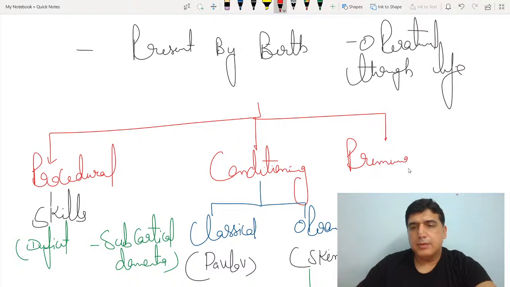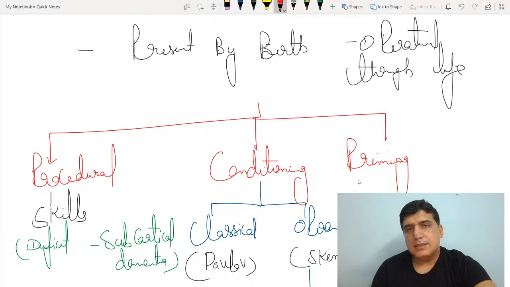priming. In priming, what is priming? Exposure to one stimuli helps in a response to other. Like in PG, they have asked this MCQ, recent one of the entrance exam, that the examiner or professor asked the student who has given the EEG, electroencephalogram, and it was given by Hans Berger.